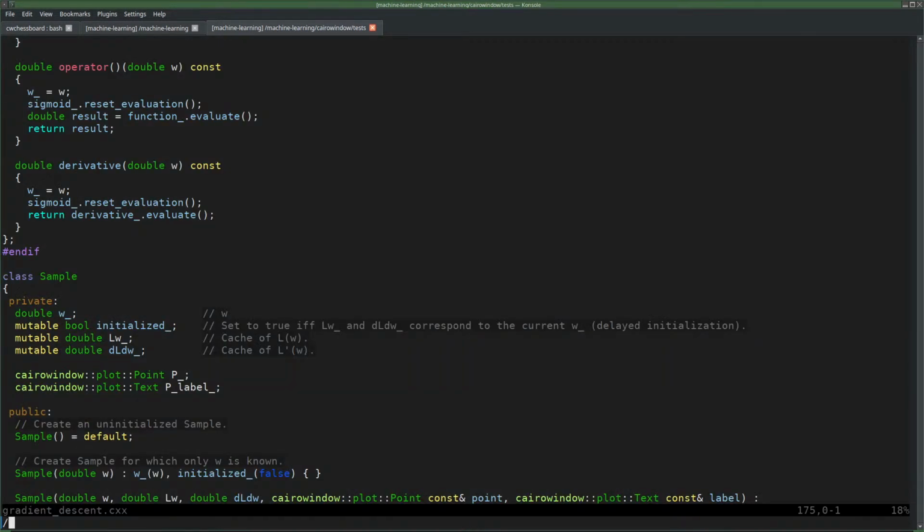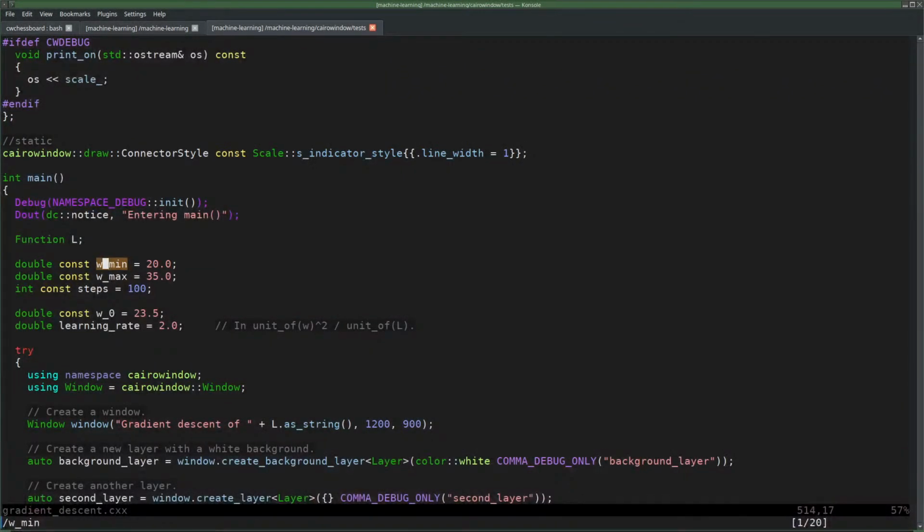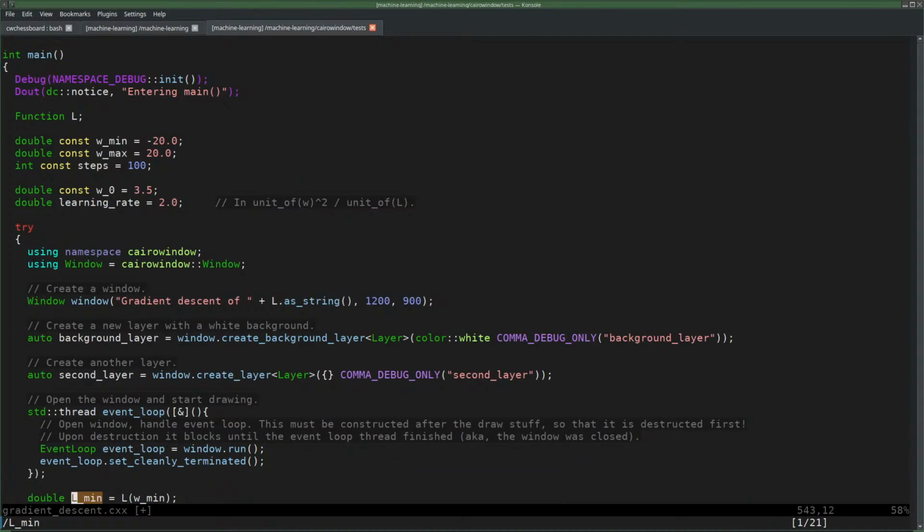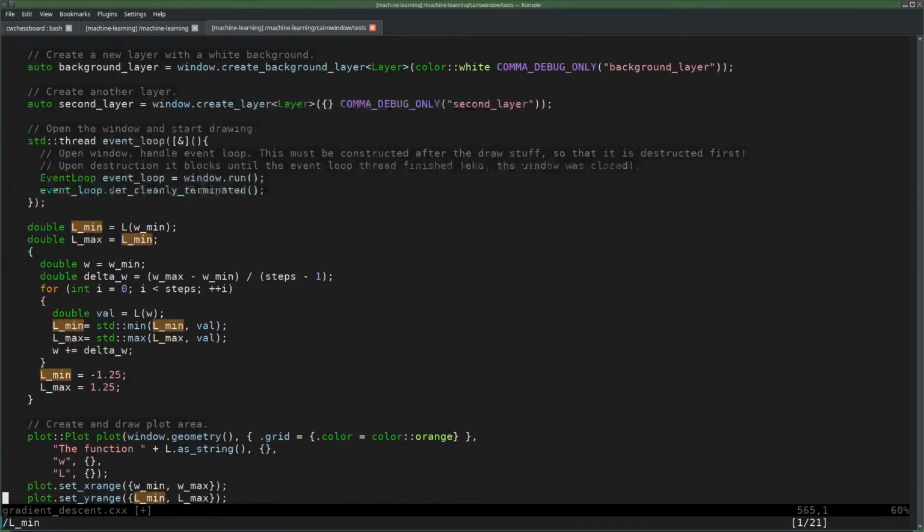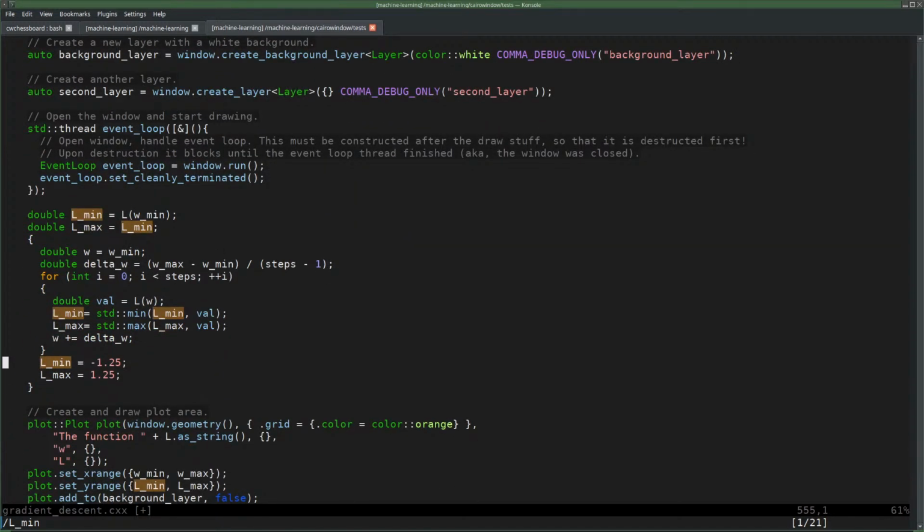Gradient descent. There it is. I don't know. I really don't know. Let's just take a really big and wide range. So nobody knows what to use here. That's automatic.